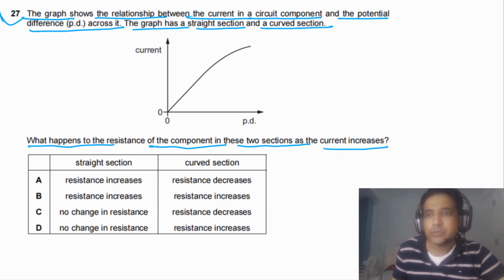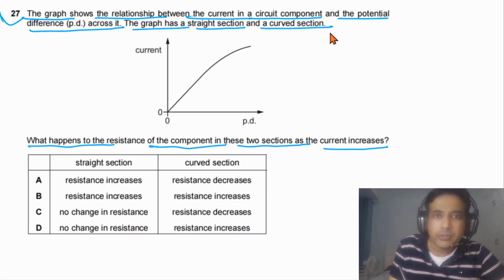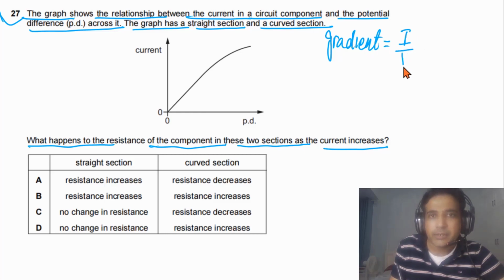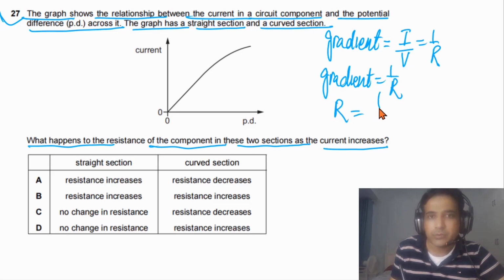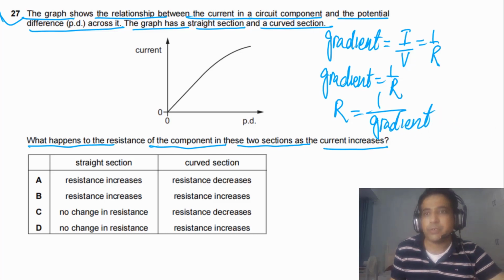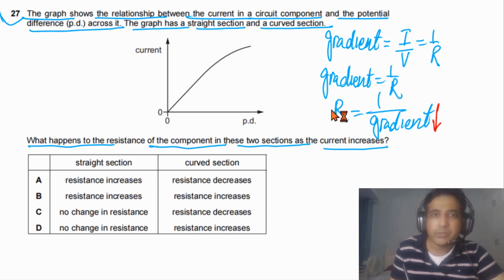First of all, we need to understand the gradient of the IV graph. The gradient of the IV graph is equal to I divided by V, and this is equal to 1 over R. So we can say gradient is equal to 1 over R, and R is equal to 1 over gradient. So if the gradient decreases, it means resistance will increase.